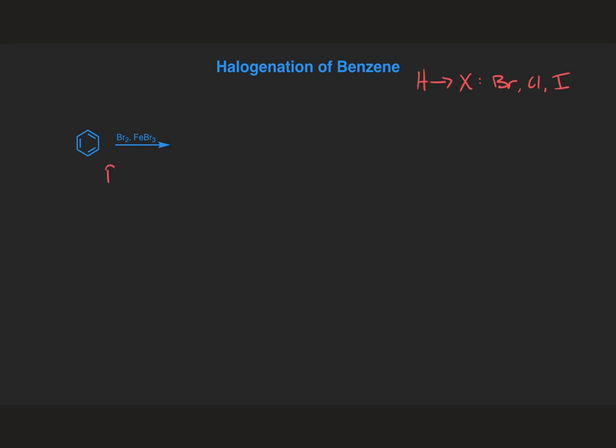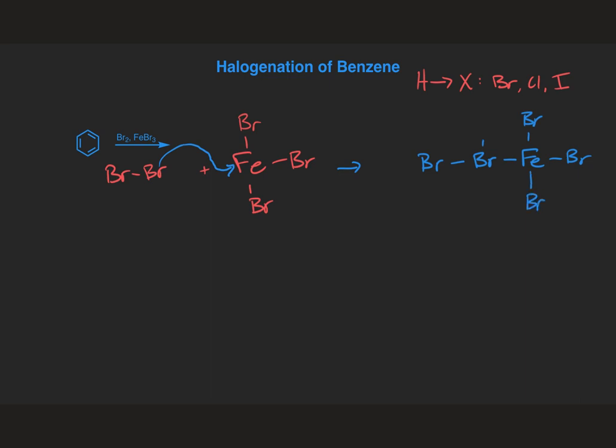And so in a reaction where we have Br2 and iron tribromide, the iron tribromide is going to behave as a Lewis acid and accept electrons from one of the bromines on Br2 to generate this complex here.